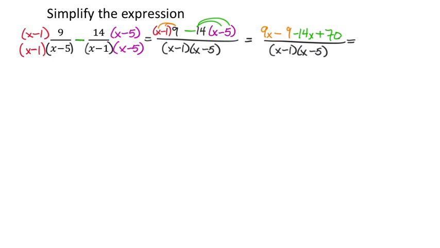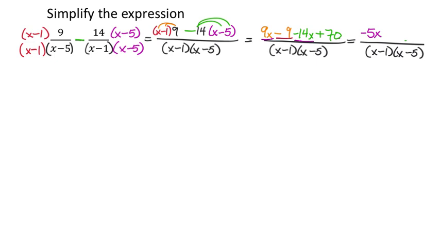Now that we've done distribution in that numerator, I'm looking for any like terms that I can combine in the numerator. So right there, let's see, we've got 9x and negative 14x, which should be negative 5x.